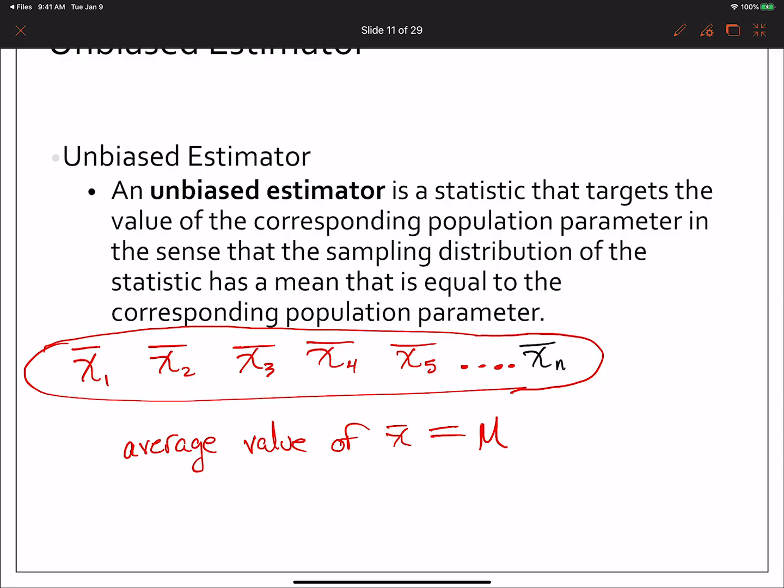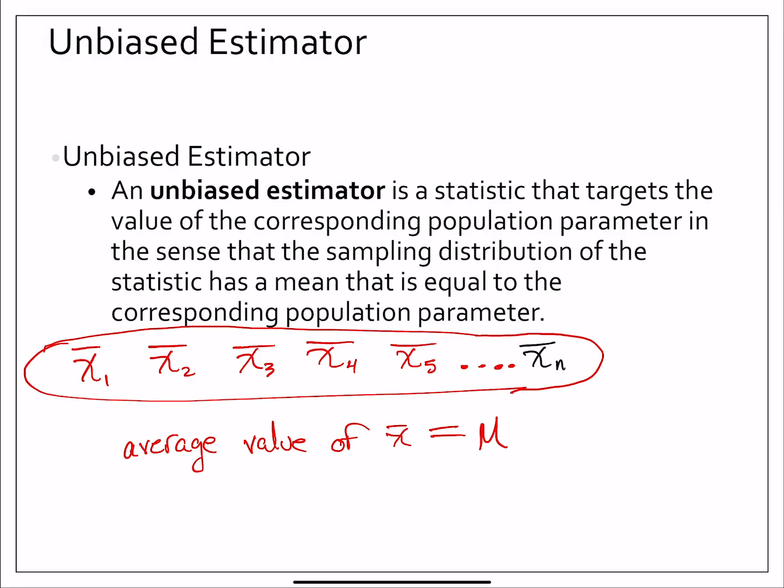is the population mean. Now, I'm only going to get the population mean if the mean is what we call an unbiased estimator. So this will be true if the mean is an unbiased estimator. Mathematically, what that looks like is when we sum x bar i from i equals 1 to n, and then divide by the number of samples we get.